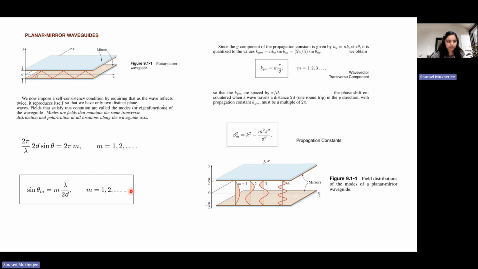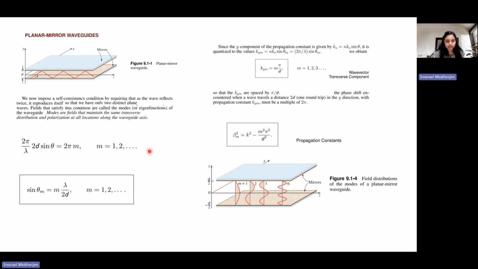They were undergoing multiple reflections at the two mirrors, and for proper transmission through the waveguide, one of the conditions was the self-consistency condition, which said that the wave should reproduce itself after two reflections. Using that, we led to this condition, which just tells us that the phase that it acquires when it makes two reflections should match with an integral multiple of 2 pi so that it reproduces itself.